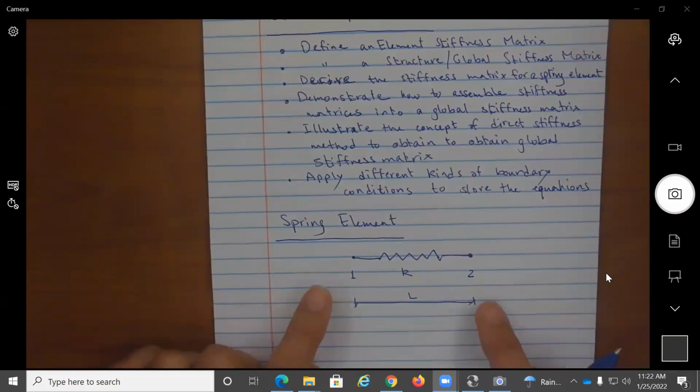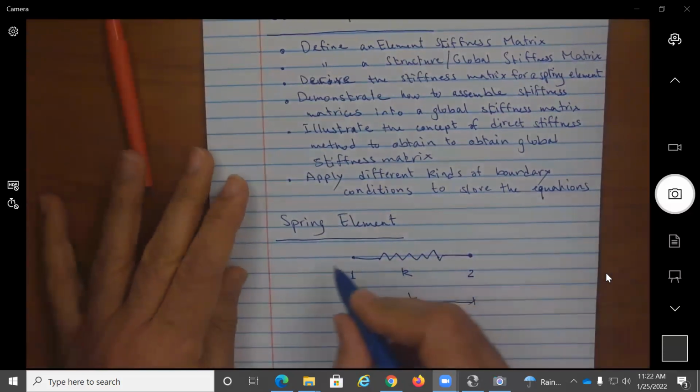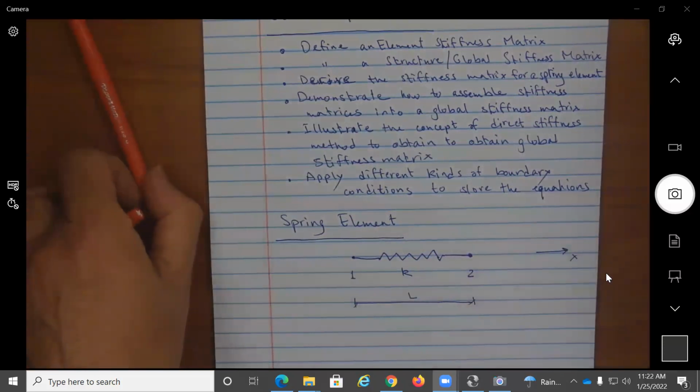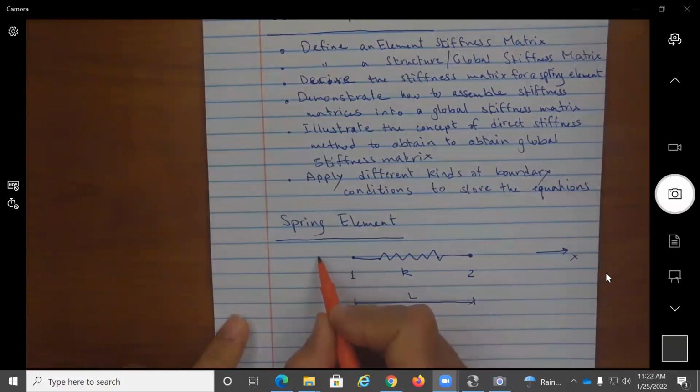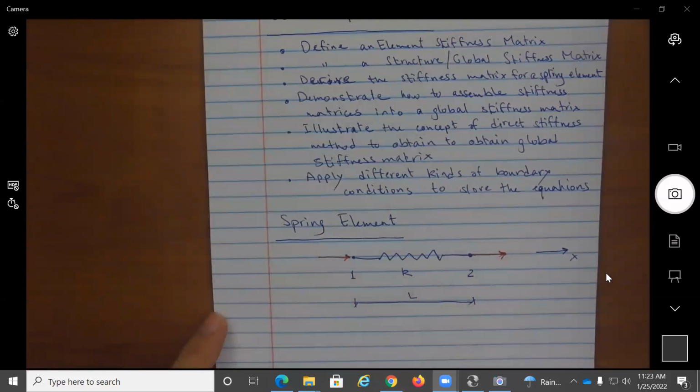When I'm looking at the spring as an element isolated, I can also show element forces applied at the nodes. Clearly here we're going to call the direction of this spring the x direction. We're going to have element forces applied on node 1 and node 2 in the x direction.